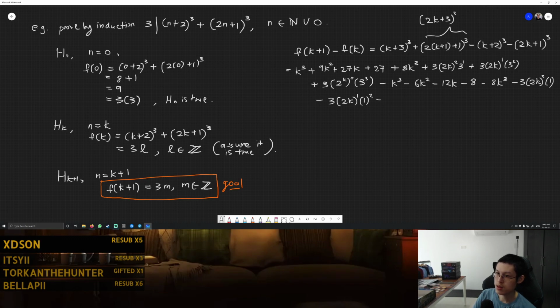Then minus 3. There's no 3 here. Minus 1. There we go. So I've been using the binomial theorem to expand this, okay? Right, so let's simplify this monstrosity.